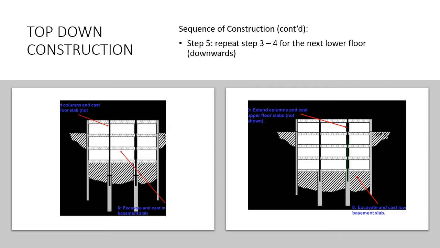Next step, repeat step 3 to step 4 for the next lower floor downwards. Tadi kita dah excavate up until here. Jadi kita akan construct ataupun cast lower level of the basement. And kita akan excavate lagi bawah ni lah untuk another level bawah below lagi ya.